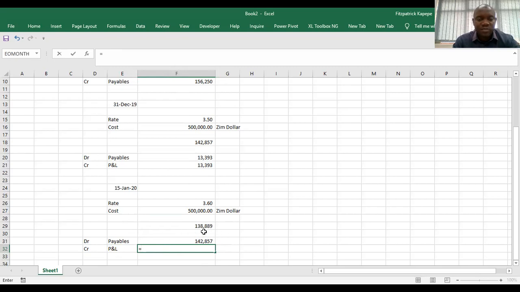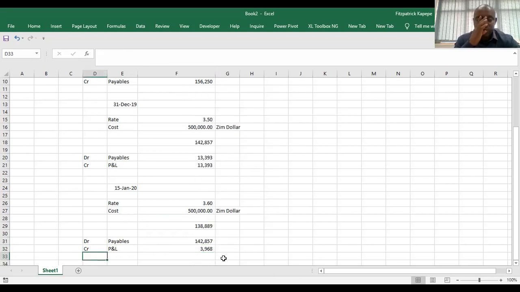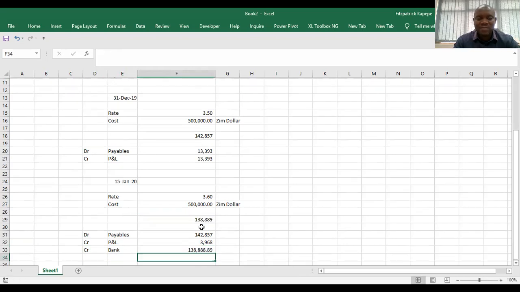Which is this minus that, 39. Then we are also going to credit bank with 138.